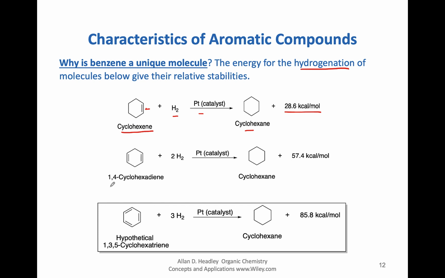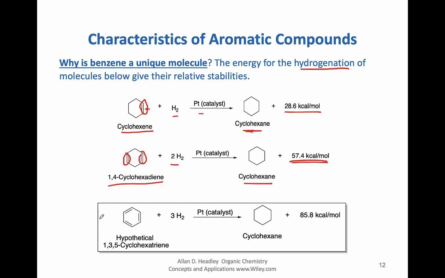If you take 1,4-cyclohexadiene, which is a real molecule, so this experiment has been carried out, and react it with hydrogen, you get cyclohexane, the same molecule, but you get twice as much heat liberated. So the indication is that 1 double bond gives 28.6, and 2 double bonds would give twice as much.